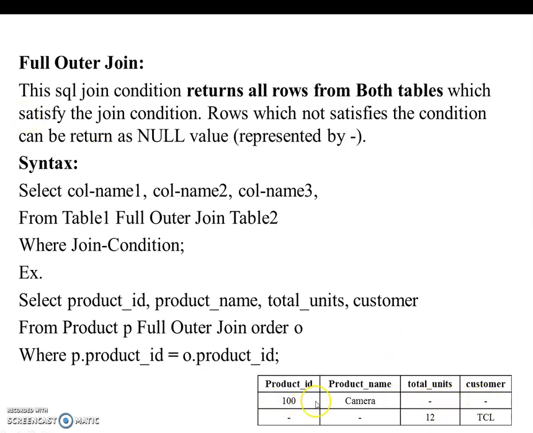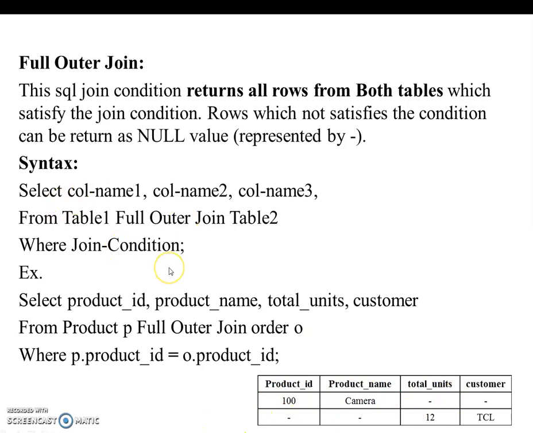You can see that this first row is the output of a left outer join, and this second row is the output of a right outer join. Hence we can say that a full outer join actually combines the result of left outer join and right outer join.